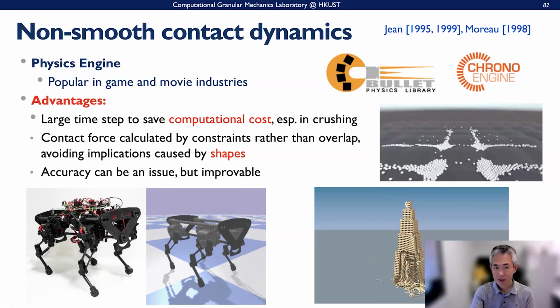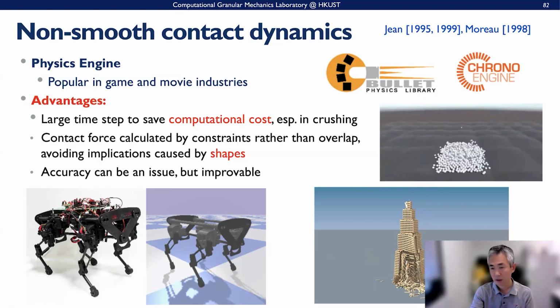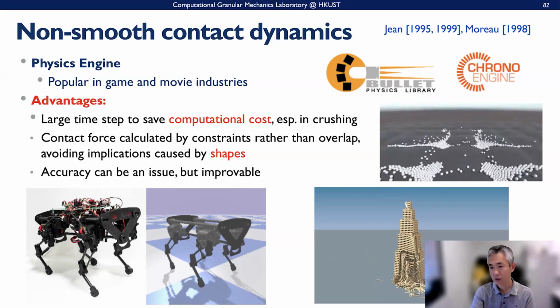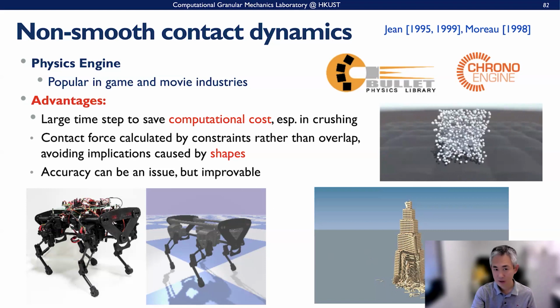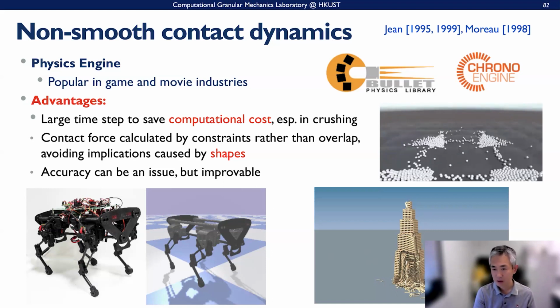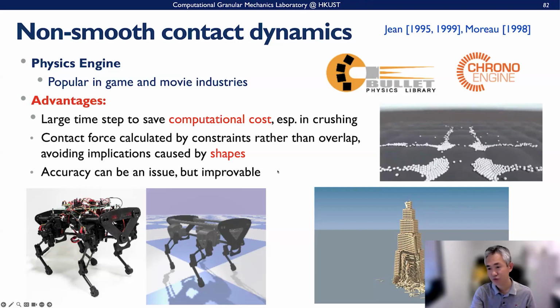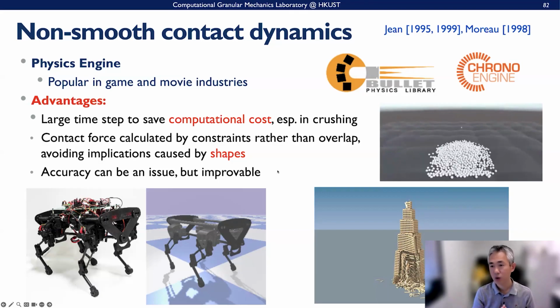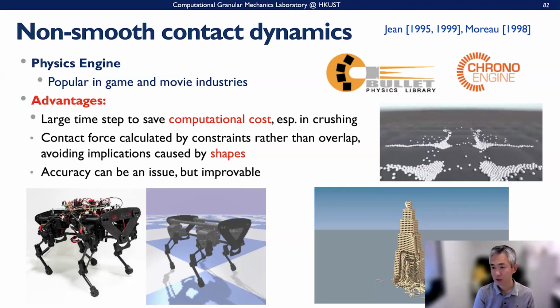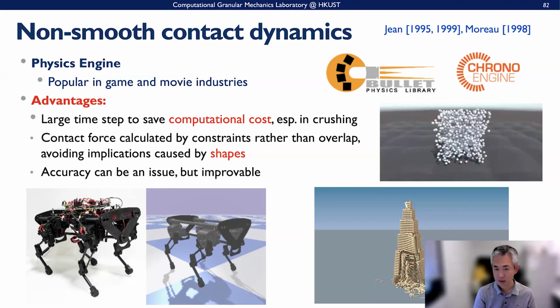The advantage is that it is computationally quite efficient, which is quite desirable for crushing simulation. Also, the contact force is calculated by constraint rather than overlap, so it has a higher possibility to handle the changing shapes of different particles during the crushing.